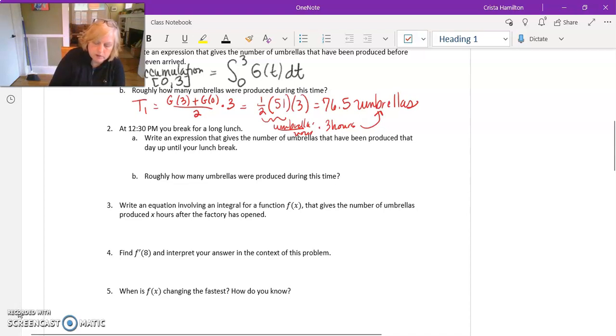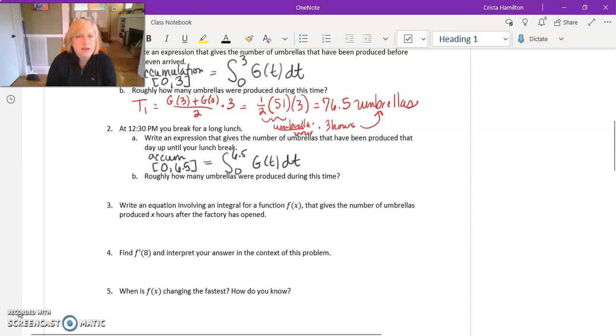So again, this is going to be the accumulation from 0 up until 12:30, which would be 6.5. And so when we take a look at that, we're just simply going to do the definite integral from 0 to 6.5 of g of t dt.